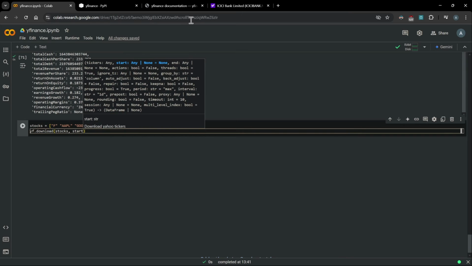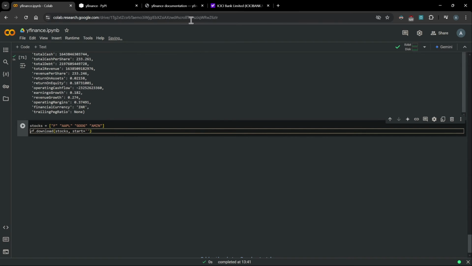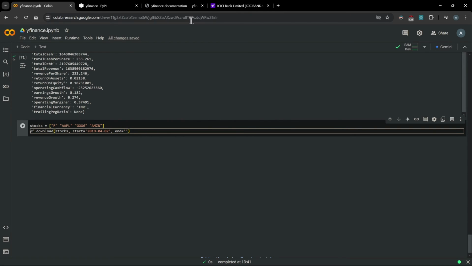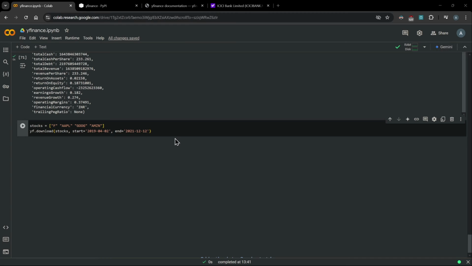You can give the starting date as, let's say, 2019, just before COVID, and end date, let's say, just after COVID, around 2021 or 2022. Let's say 2021-12.